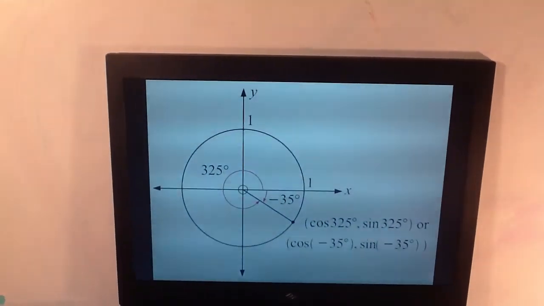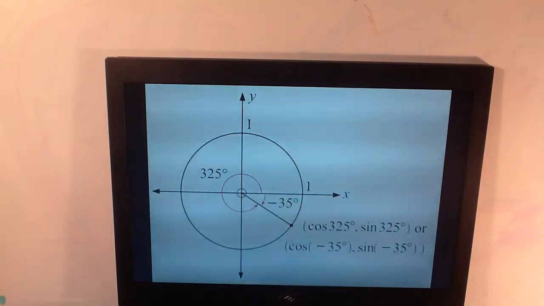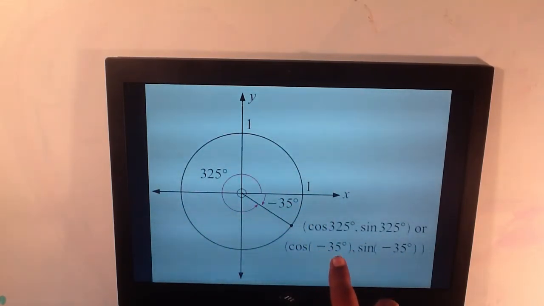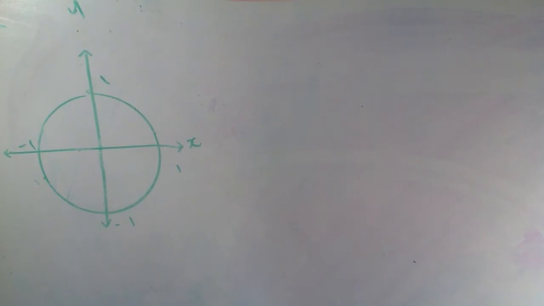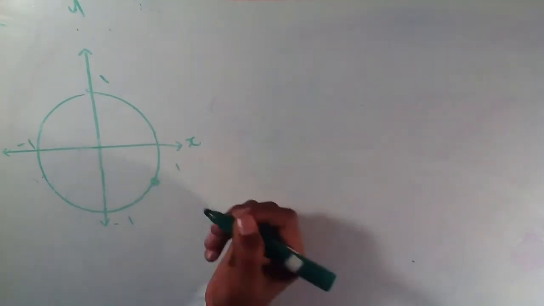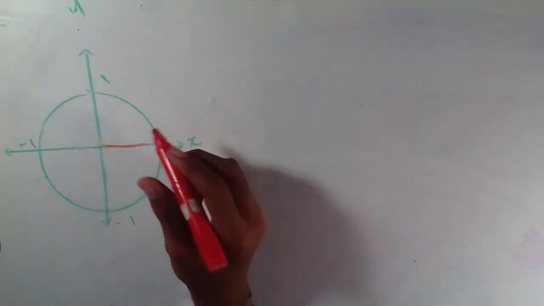If we consider a circle placed on the Cartesian grid, with 0, 0 being the center and the radius being 1, the sine and cosine rule will give you the exact coordinates of any part of the circle. With the coordinate, we can create a right-angled triangle.